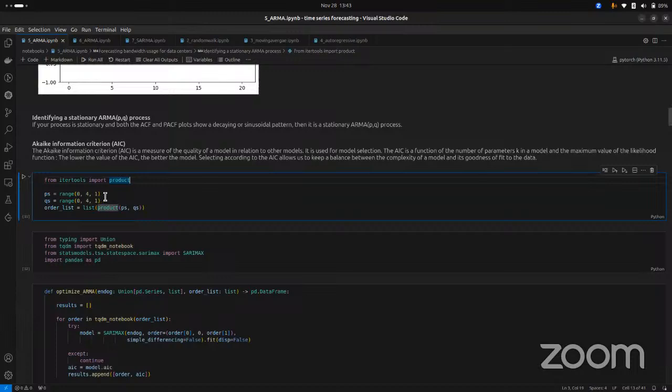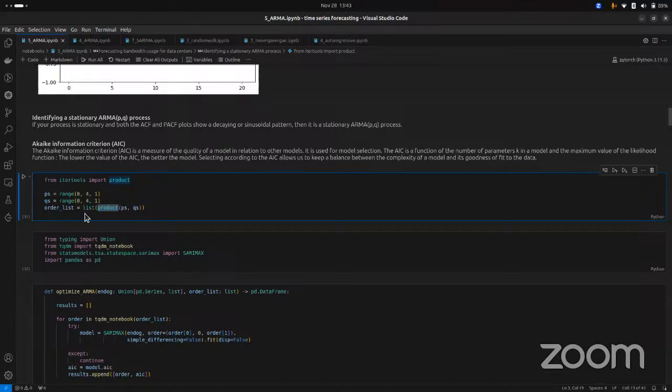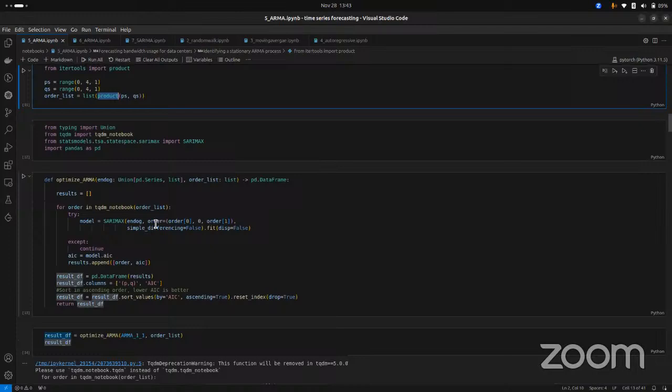So here we are creating a range of P's and a range of Qs, and if you know Python, this is going to create a list of unique combinations of these two together: 0, 0, 0, 1, 0, 2, 0, 3. I don't want to print this out because it's going to take some time to run.